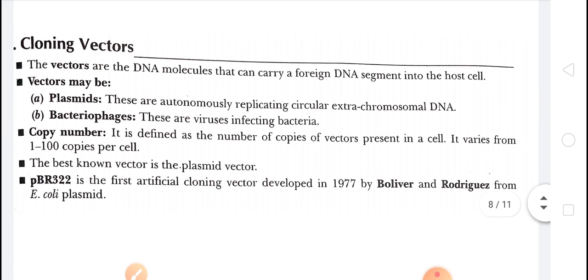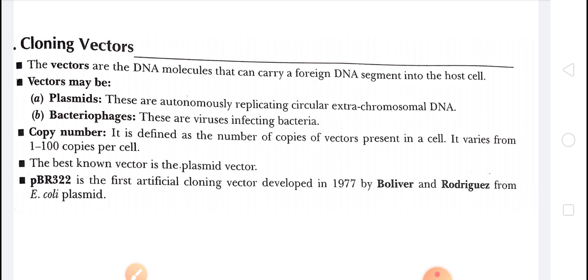After that, the next tool of rDNA technology is the cloning vector. Cloning vectors form multiple copies of the DNA molecule.